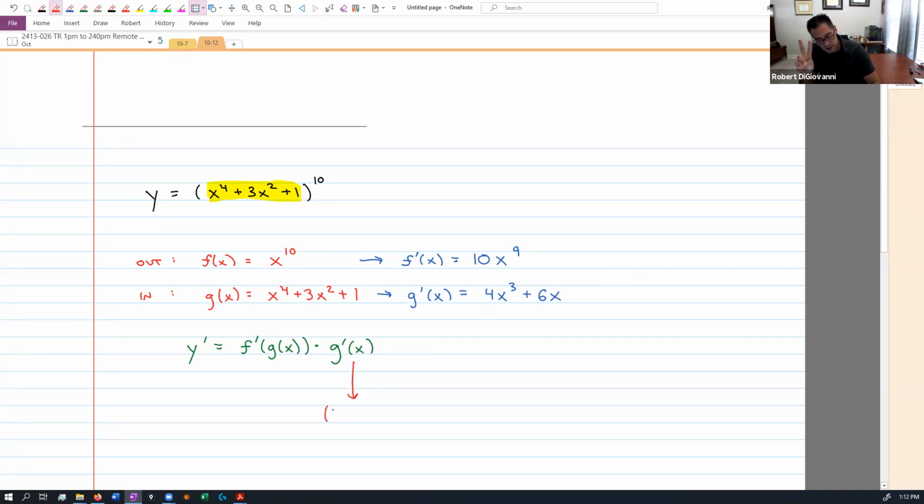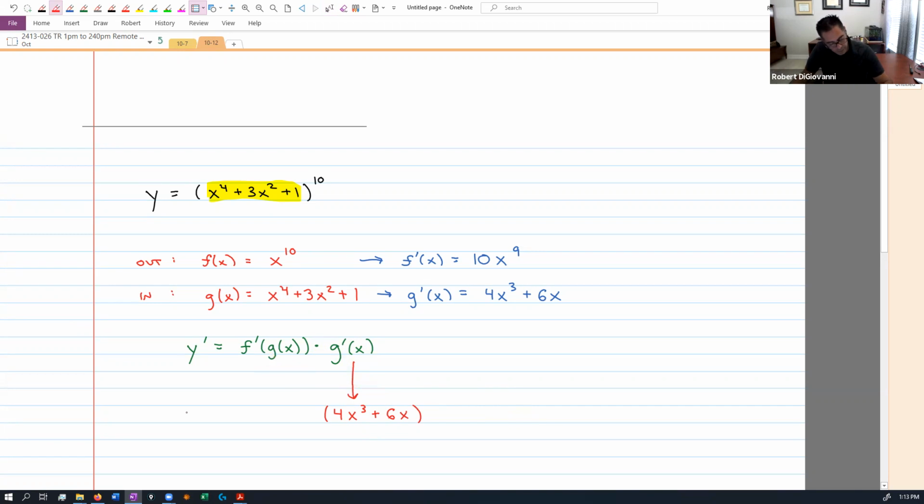It's 2 terms, right? It's 4x cubed plus 6x. So I need to put that in parentheses. A lot of times people will forget the parentheses, but you're multiplying all of this, right? So if it's 2 things, you need to multiply the whole thing, right? The whole quantity needs to be multiplied. If it was just one term, you don't need the parentheses, but if it's more than one, you need it.